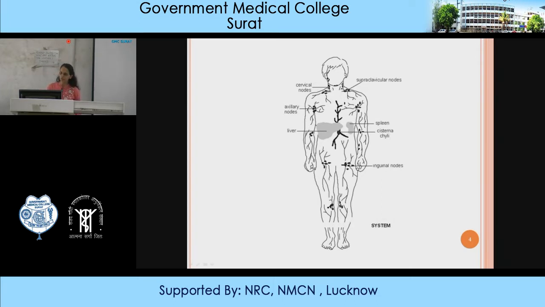These are the three major lymph node groups, and some supraclavicular, etc. The lymph node groups drain different regions: cervical, the head and neck; axillary, mainly the chest and internal organs; inguinal, the genital area.